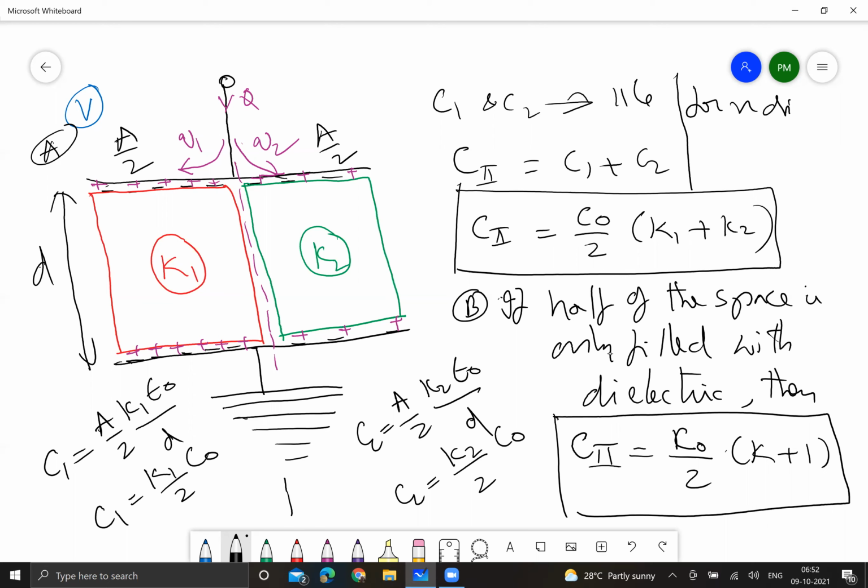For n dielectrics, the capacitance will become C0 by n into sigma Ki. I am assuming that the area is equally divided among the capacitors.